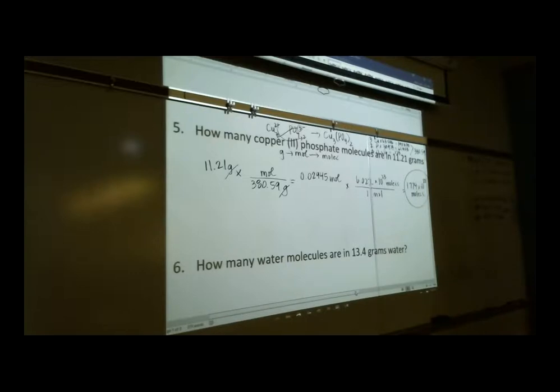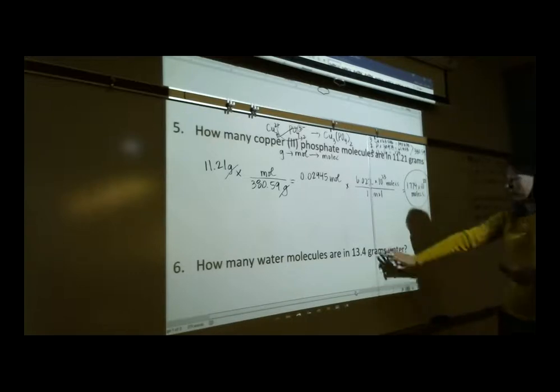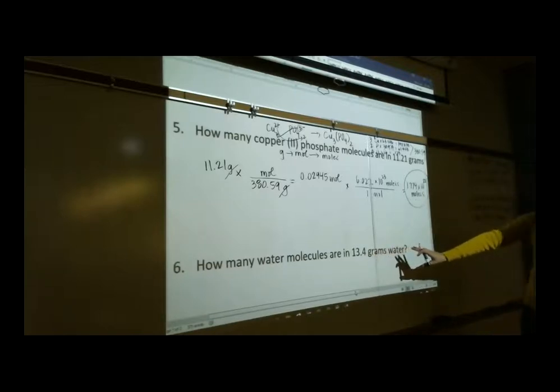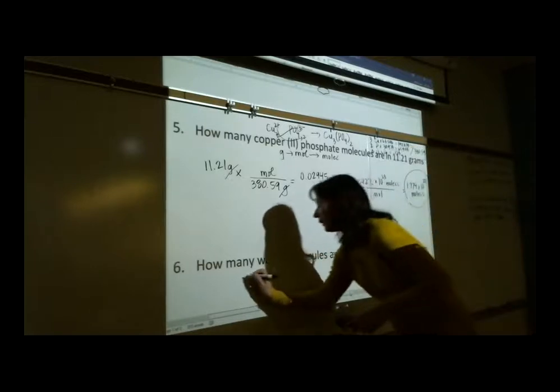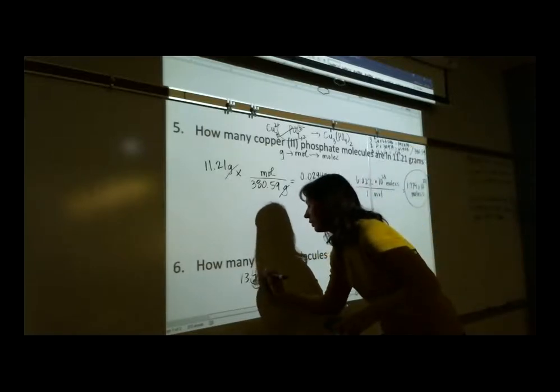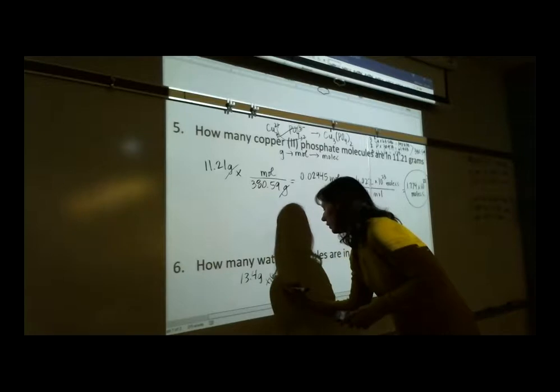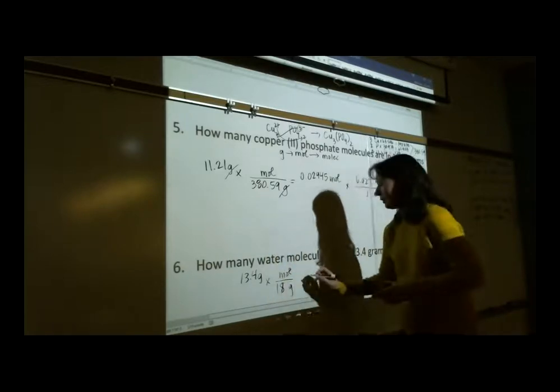Yes? Yes. Okay, let's go ahead and do this one. Molar mass of water is about 18, so we can do this one pretty easily. So 13.4 grams times 1 mole per 18 grams. I'm just rounding, right?